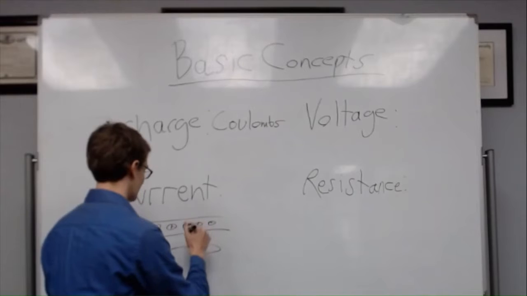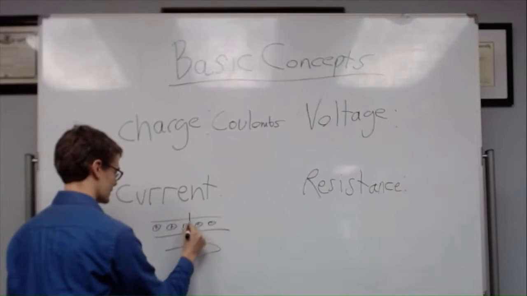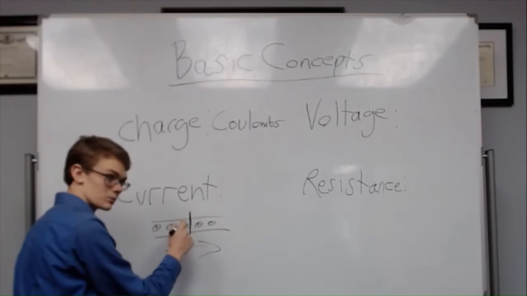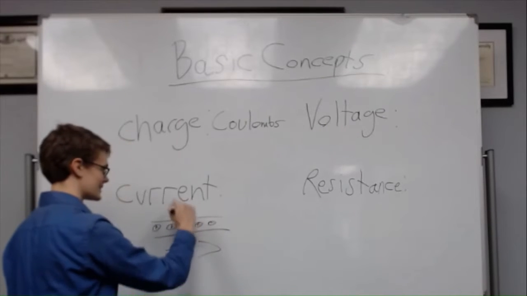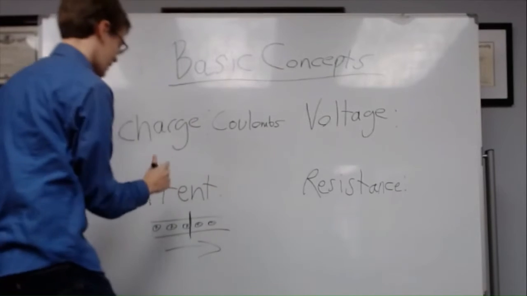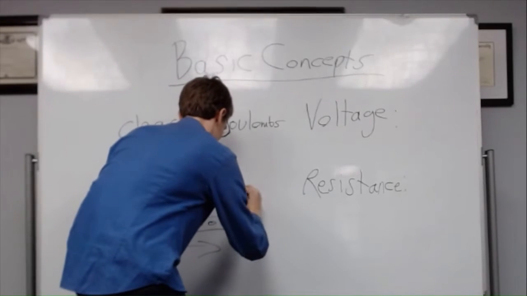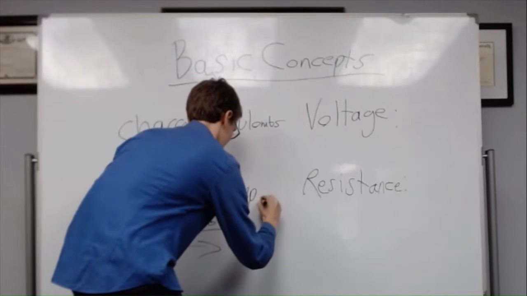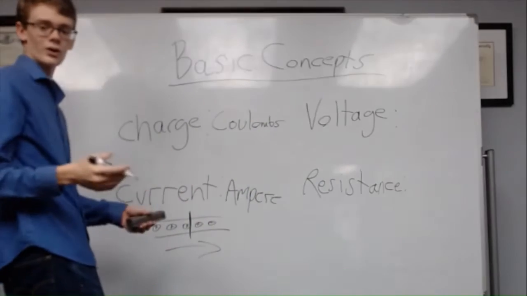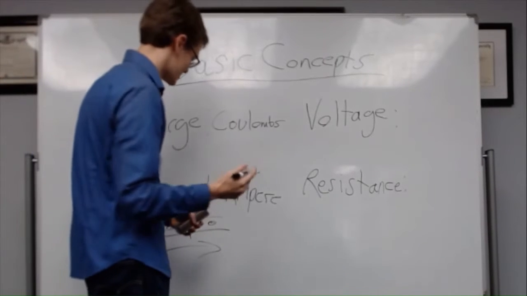Now what current would be is if we took a line right here and measured how many of these charges passed this line every second, which specifically per second would be an ampere. This is the unit we use for current, an ampere, more commonly referred to as amps.